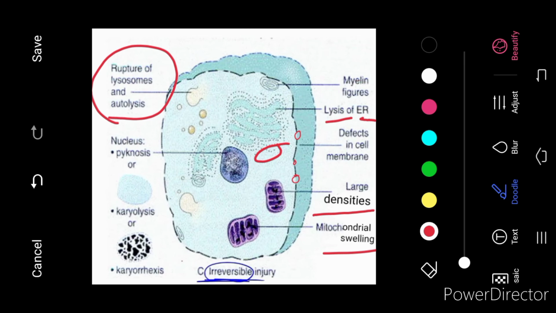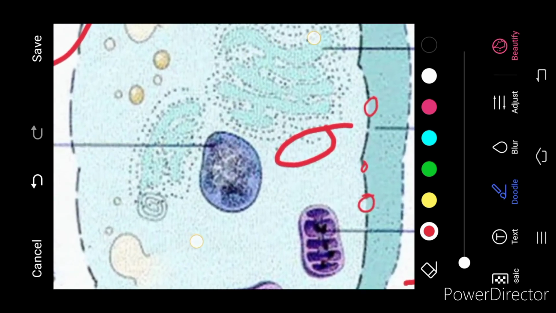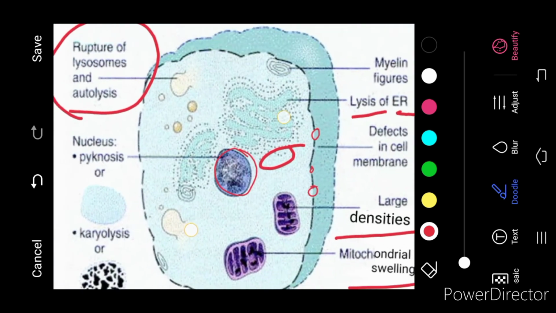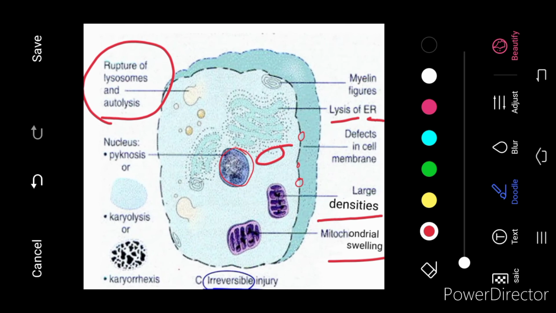Now, sixth point is the nucleus. Let us see the nucleus. So here, no clumping of nuclear chromatin, but there are three changes which occur in the nucleus of irreversible cell injury, and those changes are known as pyknosis, karyorrhexis, and karyolysis.